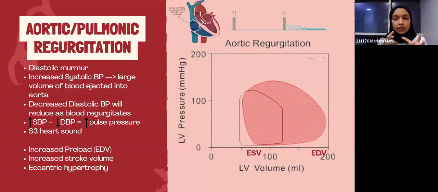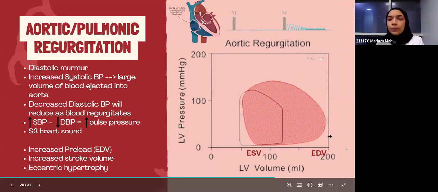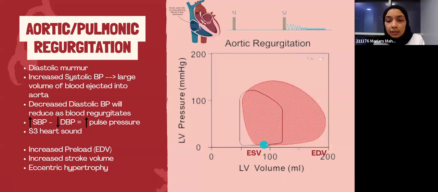So there's an increased preload in the ventricle. So here you can see it in the PV loop that the ventricle is filling, and there is an increased diastolic volume because it's coming from two places, from the aorta and from the atrium.